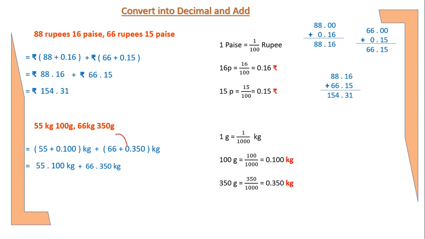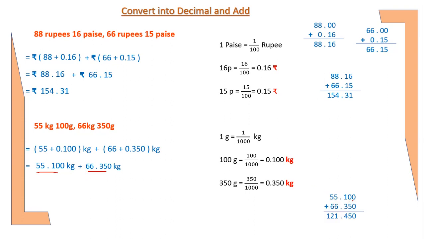Here the whole part is 0, here the whole part is 66. 0 plus 66 will become 66. I wrote 66. Hence the answer is 66.350 kg.